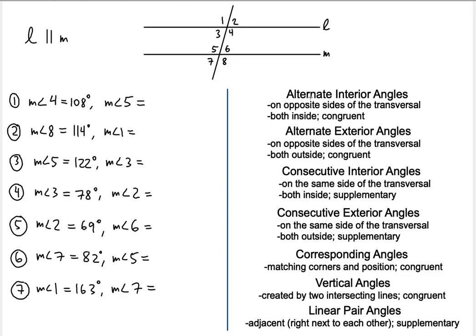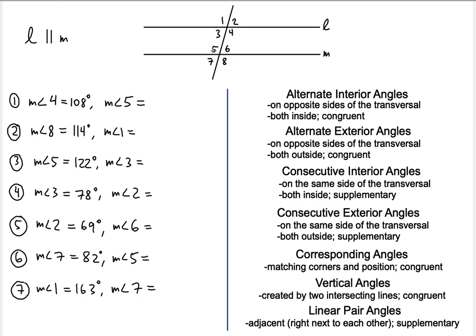Alternate obviously means that it's going to be on the opposite sides. That's why it's called alternate: the sides are alternating, this side, that side, this side, that side. But also, they're both inside, meaning that 3 does not go beyond line L, and 6 does not go beyond line M. So 3 and 6 are alternate interior angles, or 5 and 4 are alternate interior angles.